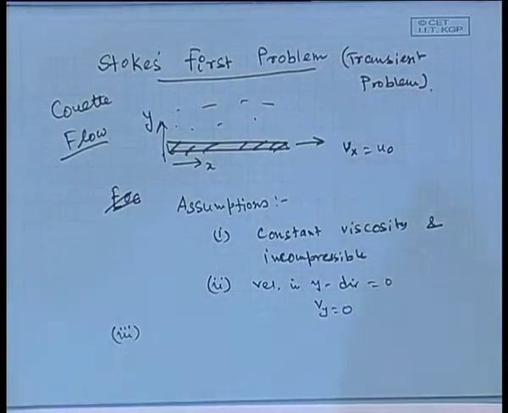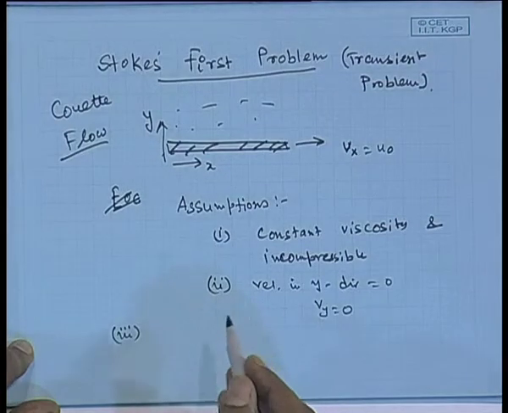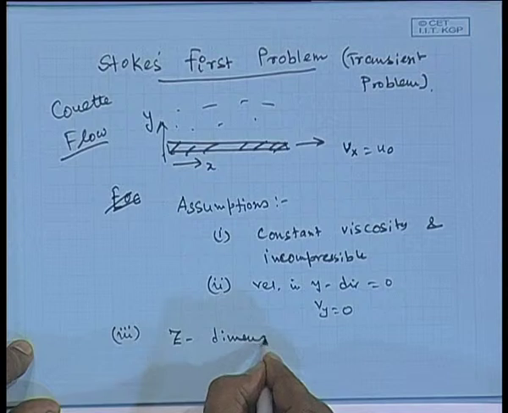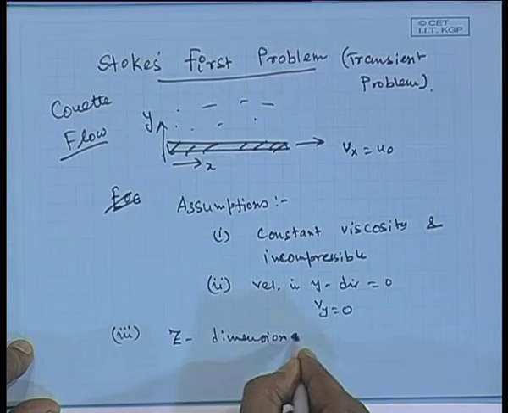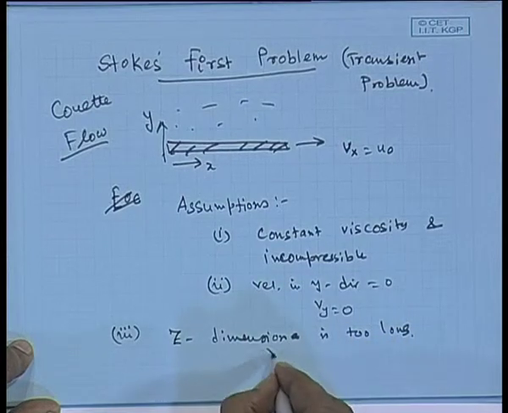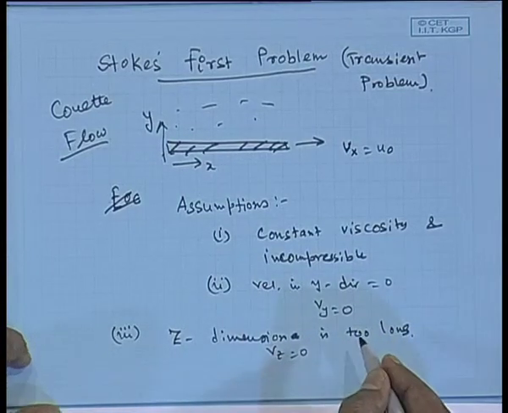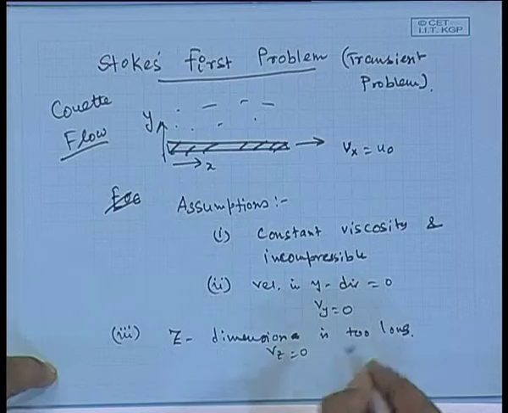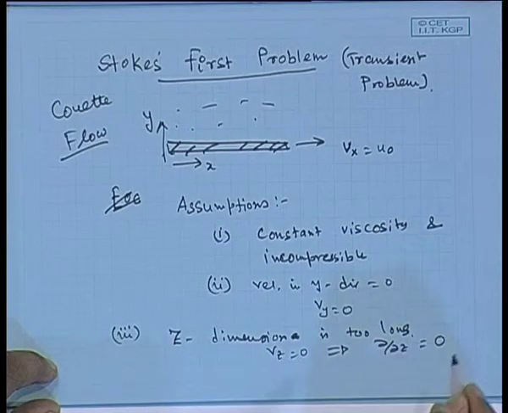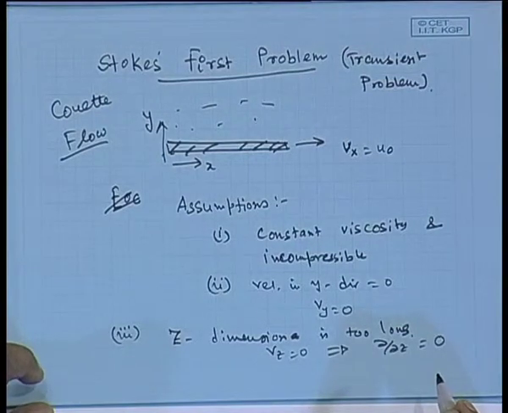If both are present, the fluid will obviously move. The z dimension is too long, right. That means V z equal to 0, and all variations of the dependent variables in the z direction will be negligible, del z of any quantity will be equal to 0. These are the assumptions.